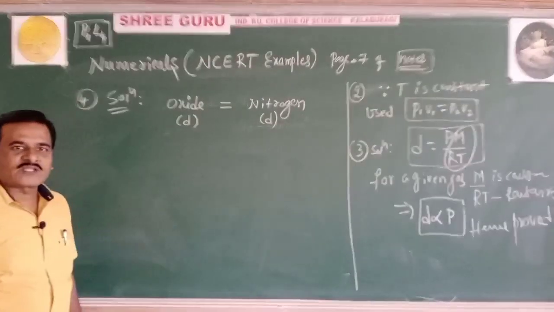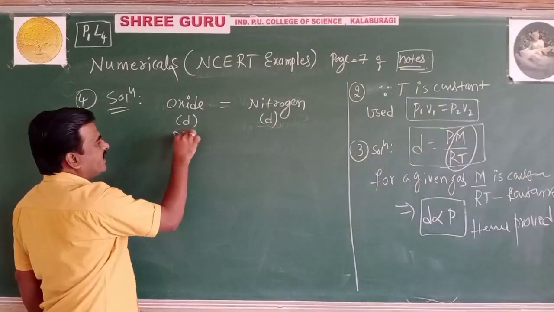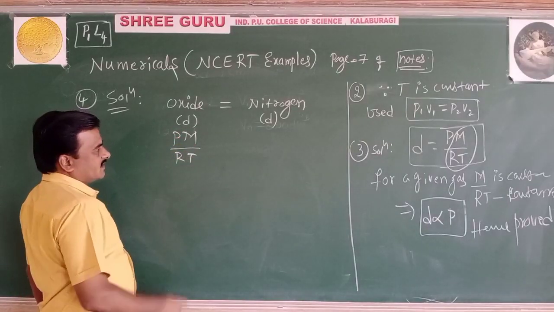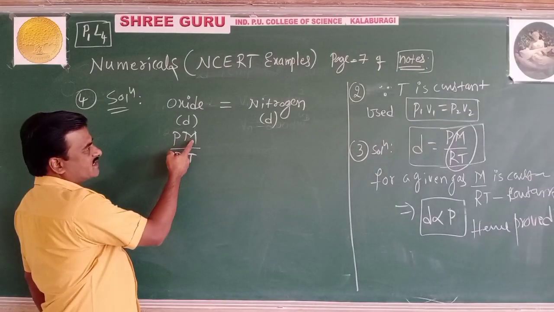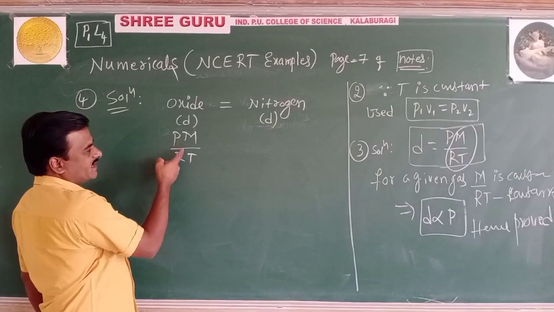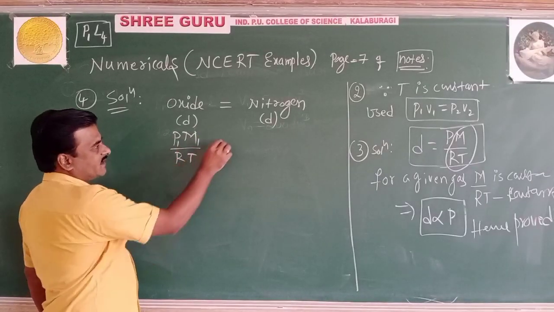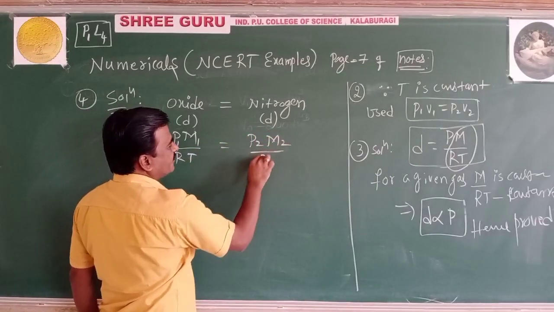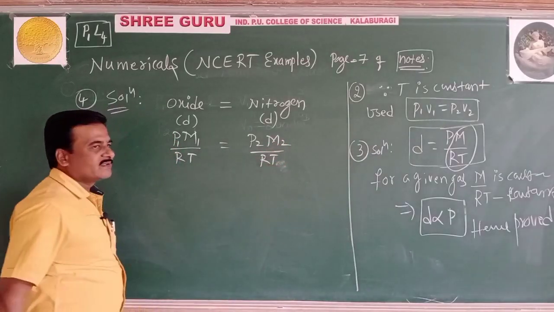See, what is the equation for density? The equation for density is PM by RT. Since P and M are changing here, and R and T are fixed, P1 M1 by RT equals P2 M2 by RT.